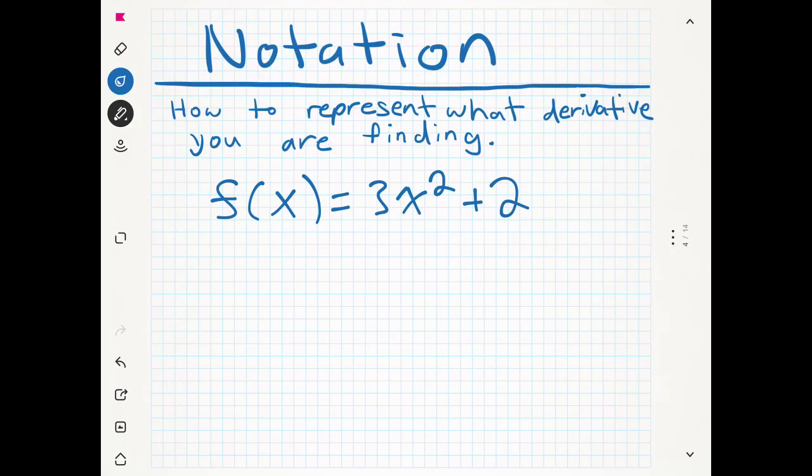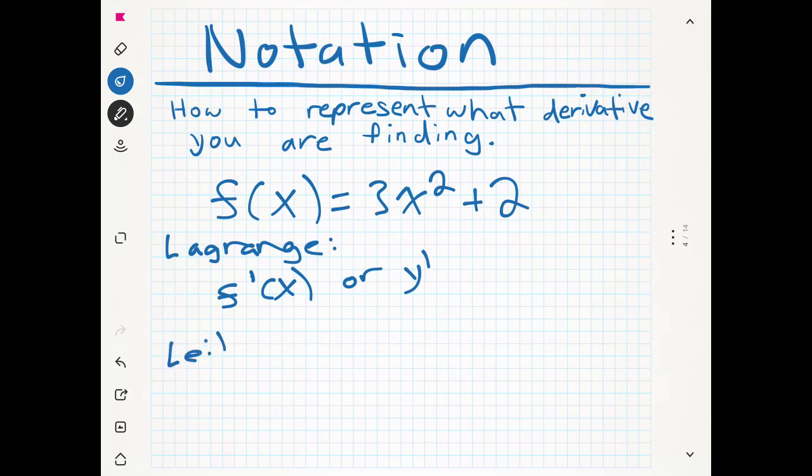Let's start with the Lagrange notation, which if you remember, for finding the first derivative, was f prime, the thing that looks like an apostrophe, or y prime, same thing. And then the Leibniz notation, which was dy over dx.